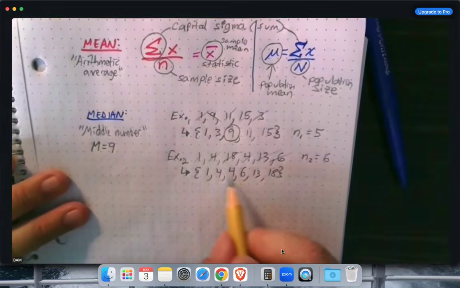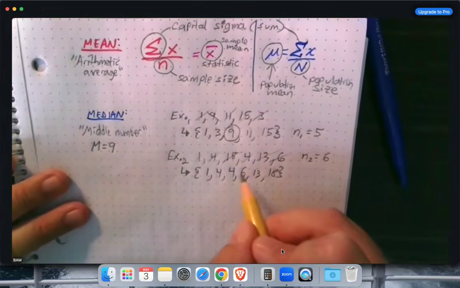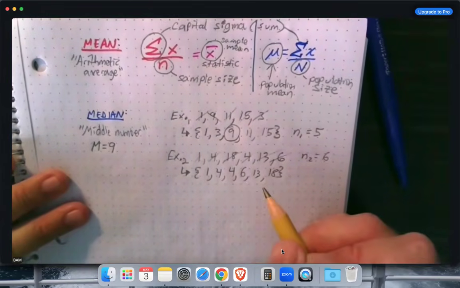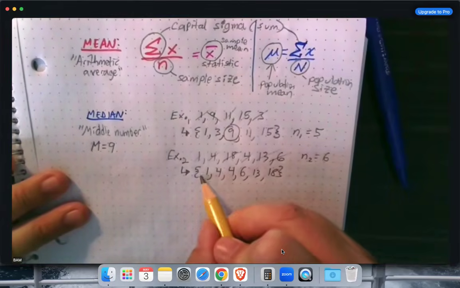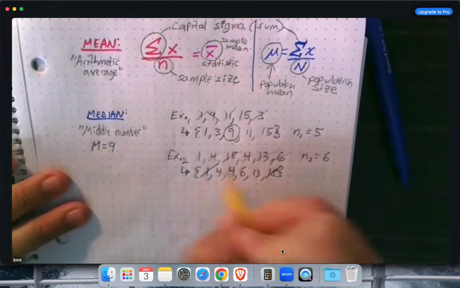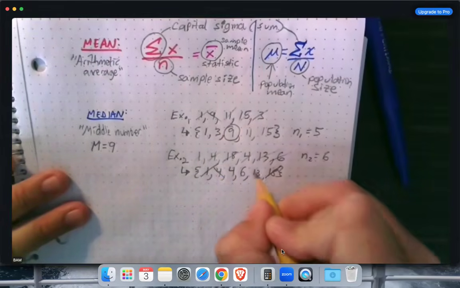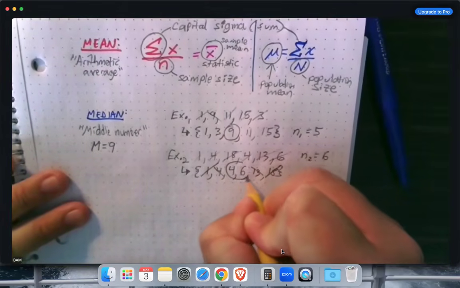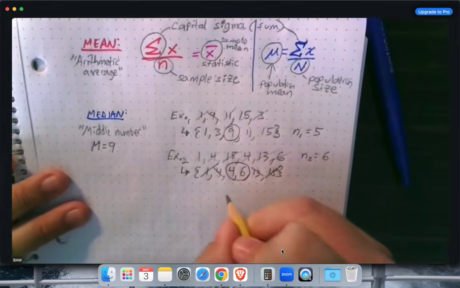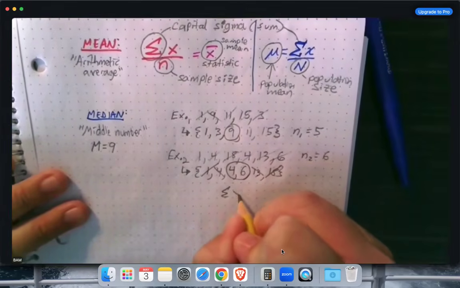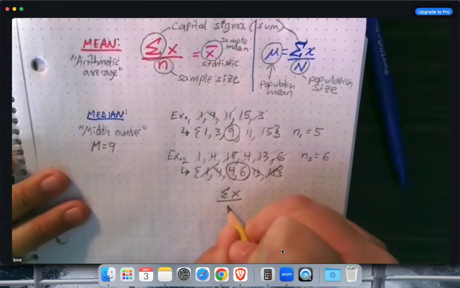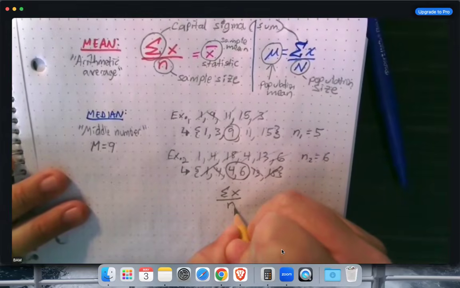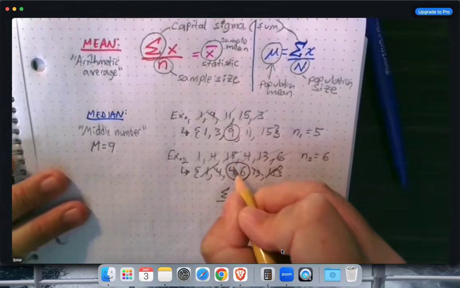Now, this is an even number, so there's no number in the middle, right? So I cross off the last one on both sides, the second to last one, and then I get the mean of these two, which is the sum of the x values divided by that n, which in this case is actually just 2.